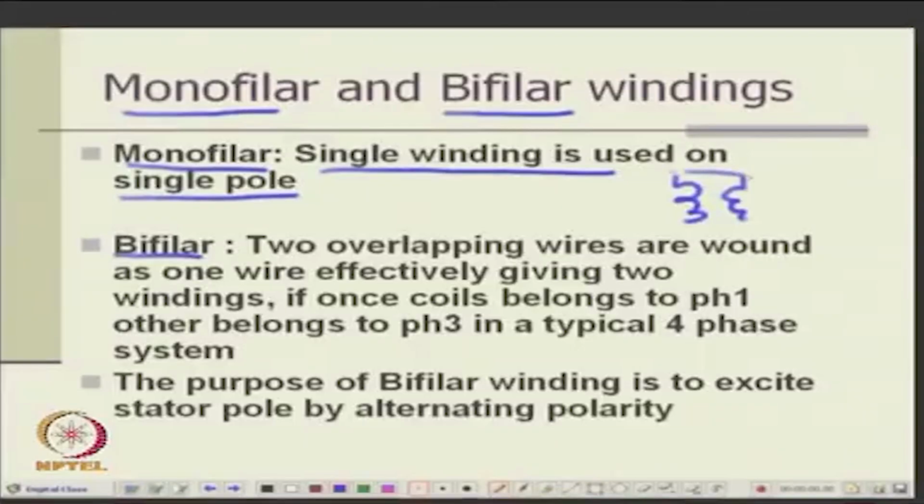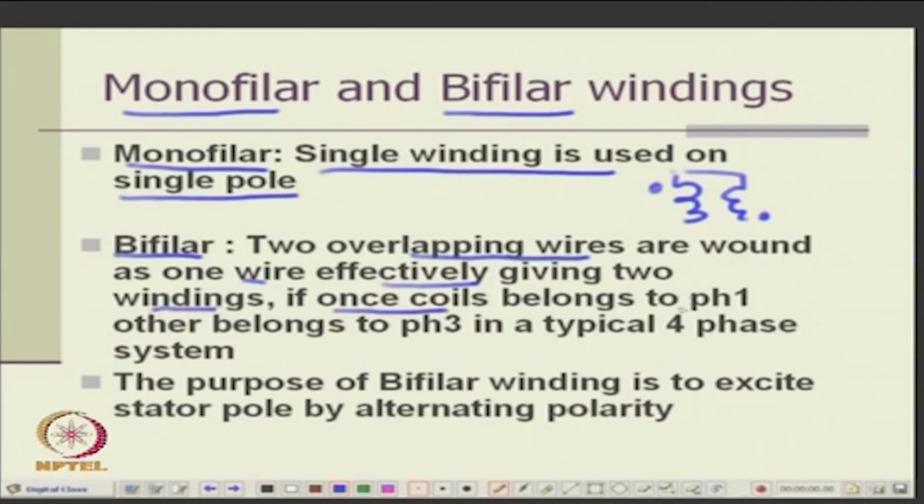So, in bifilar you have two windings on the same poles, but one may have a dot position which is opposite to the other. If you pass a current through one, it will produce a north pole, south pole. If you pass a current through the other, it will create a south pole, north pole. So, two overlapping wires are wound as one wire, effectively giving two windings.